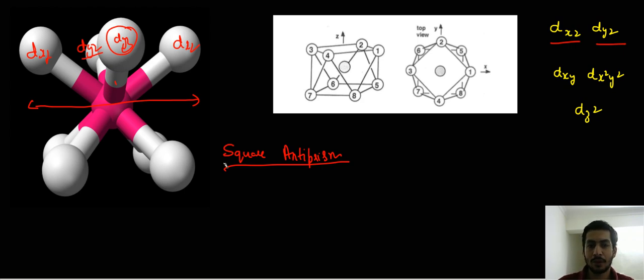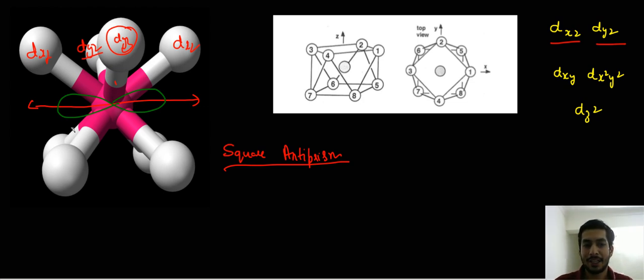Now what else do we have? If you compare, we have dz square, dxy and dx square y square. Now how do we compare dz square, dxy and dx square y square? Your dx square y square orbital will be like this, right, along the axes. Let me take another color. This will be your dx square y square orbital in the xy plane.